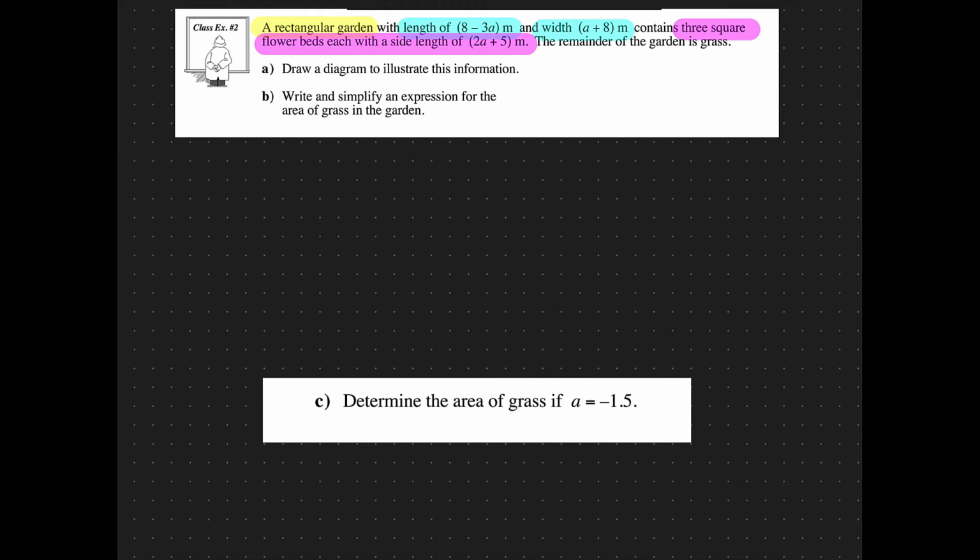And where it says the word square, that's going to be important, meaning that all 4 sides are the same. The rest is grass. It says draw a diagram to illustrate this.